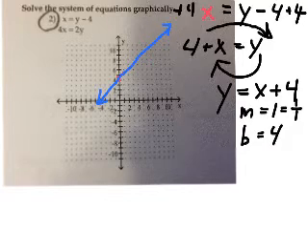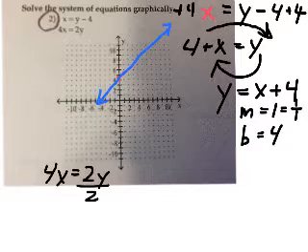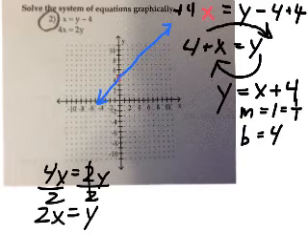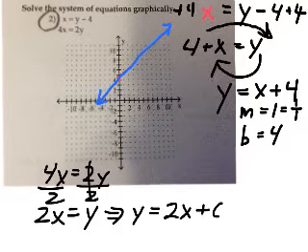Then the other equation is 4x equals 2y. Divide both sides by 2, and we get y equals 2x. Again, I'm going to switch sides here. So y equals 2x, and then the intercept has to be 0, so we can have the plus 0.